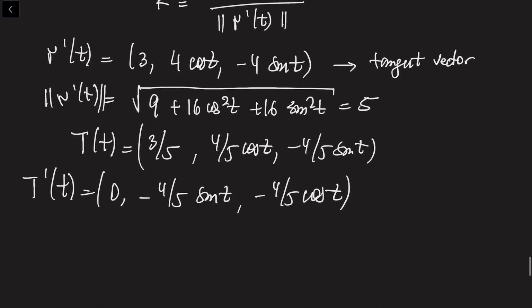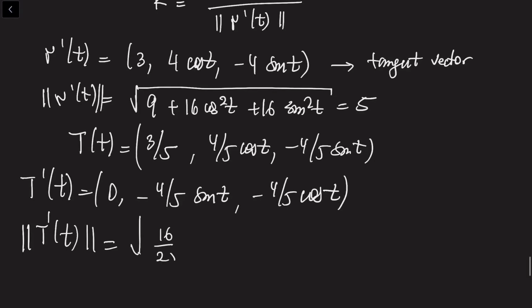If you find the norm of this function, it's going to be equal to 0 squared plus 4 over 5 squared, which is 16 over 25 sine squared of t, plus 16 over 25 cosine squared of t.